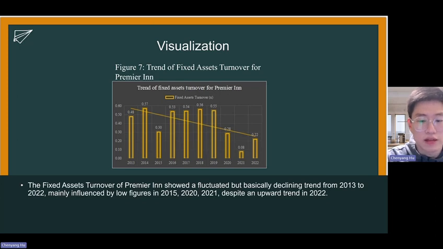This is in accordance with the analysis of PwC 2023, that the stress of inflation negatively affected the profitability of the hotels in London. Other regions even saw a more severe situation because of their lack of ability to absorb inflation caused by the growth of their revenue per available room compared with London.